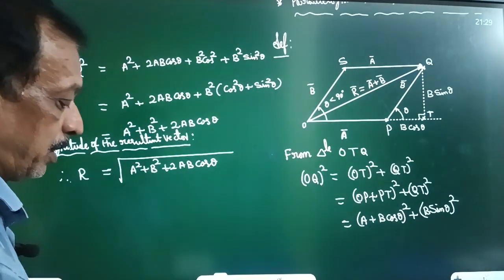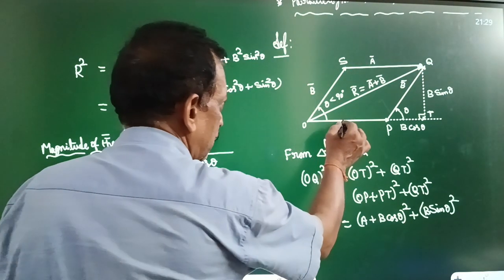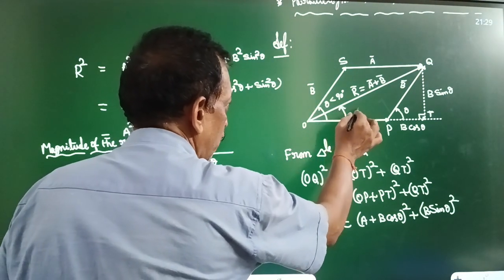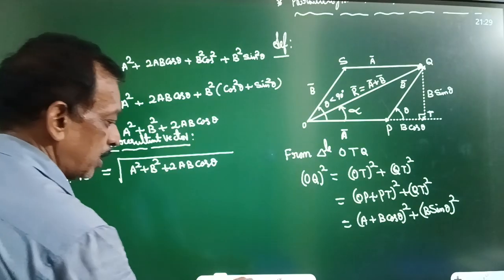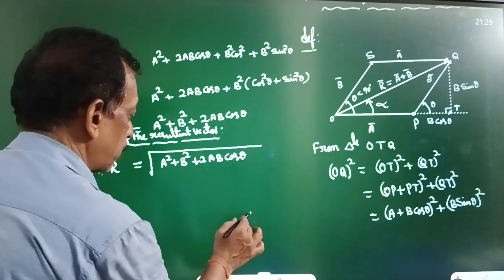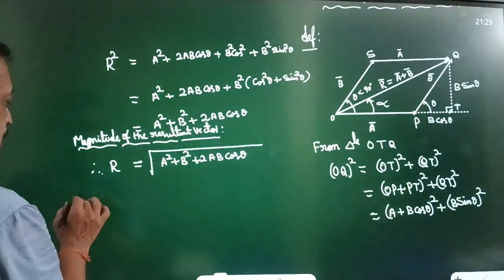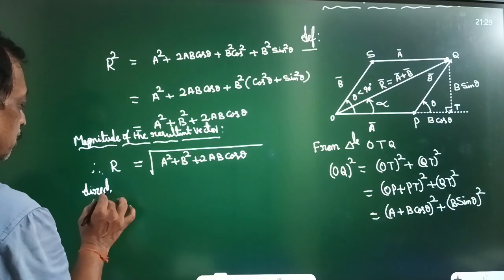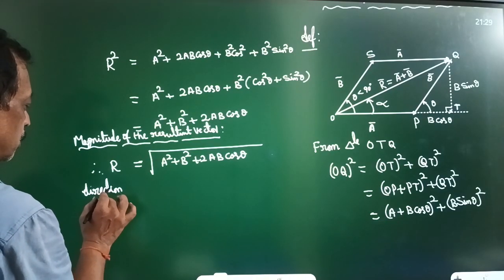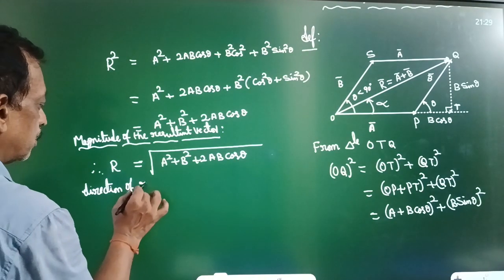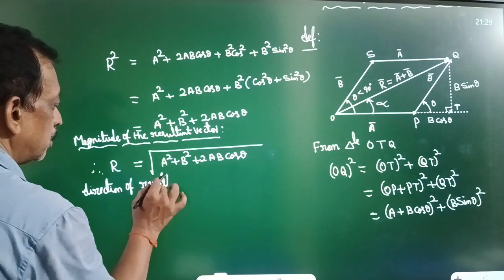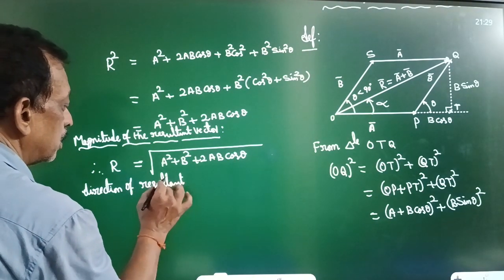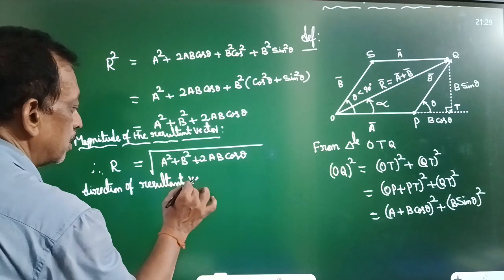Now, what is the direction of the resultant vector? The direction can be taken as this, alpha. Alpha is the direction of the resultant vector. Copy up to here. Direction of resultant vector.